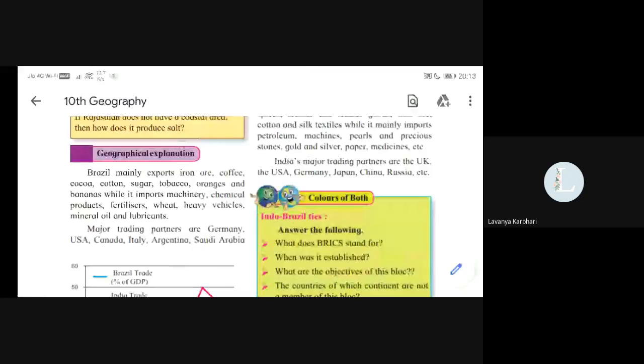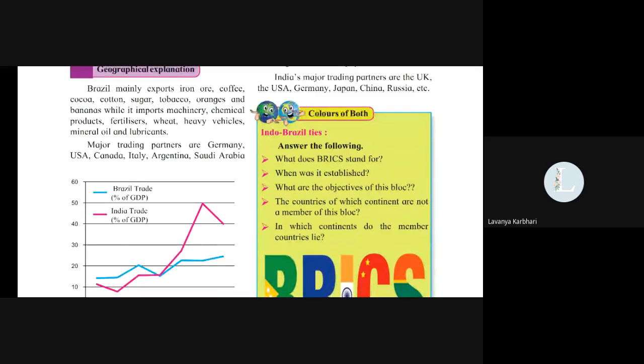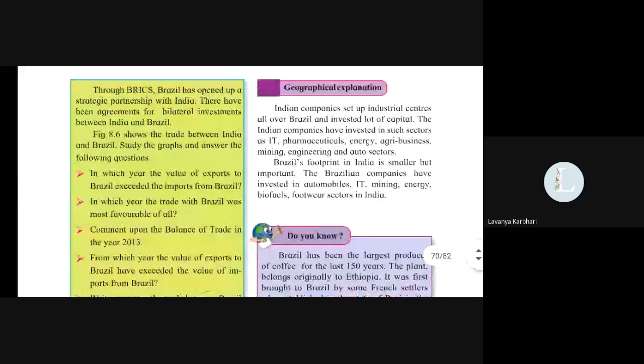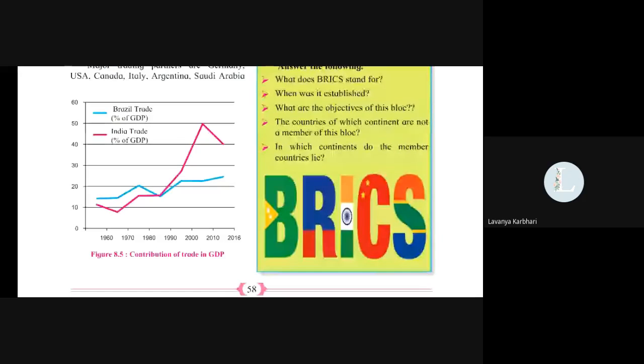Okay, India's major trading partners are UK, USA, Germany, Japan, China, Russia. These are the trading partners of India. Major trading partners, and also the Gulf countries are trading partners of India. So here is the graph given: contribution of trade in GDP, for India and for Brazil.